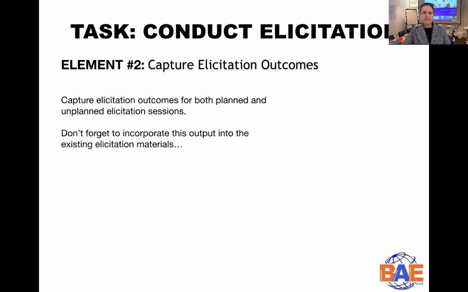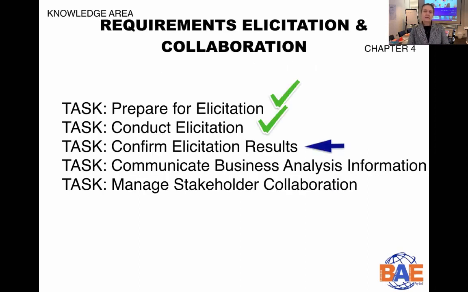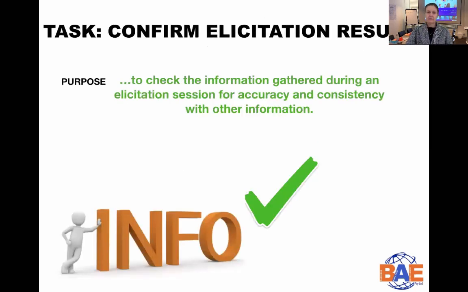All right, so that was just a brief discussion around conducting elicitation. Now let's have a quick look at what confirm elicitation results then means. So according to the BABOK guide, the purpose of this task is to check the information gathered during an elicitation session for accuracy and consistency with other information.